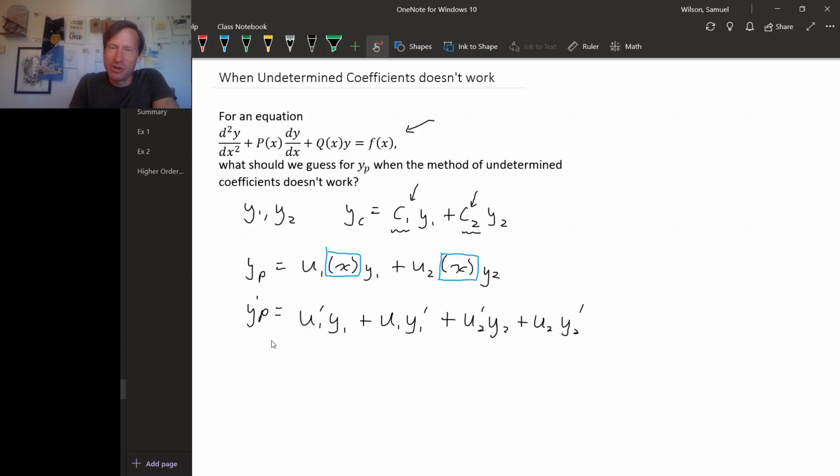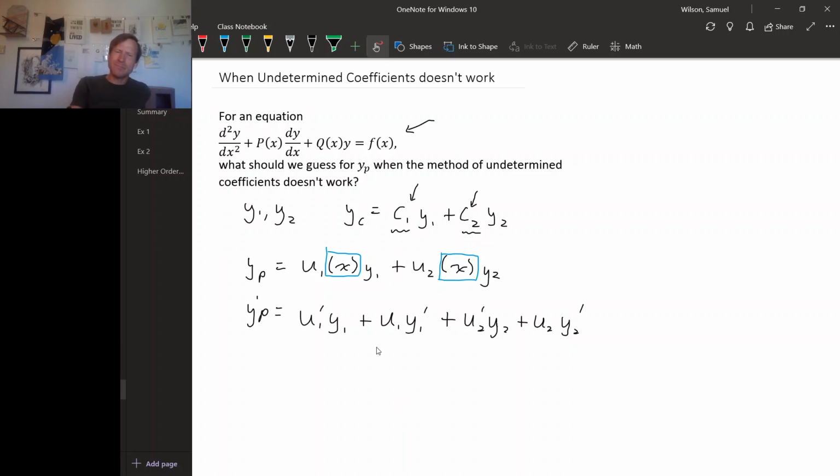Okay, and man, when we take a second derivative, each of these terms is going to require using the product rule, and so that's going to spit out 8 different terms, or I guess 6 since you can combine some of them, and that's going to make things really, really messy. So that seems kind of unpleasant.